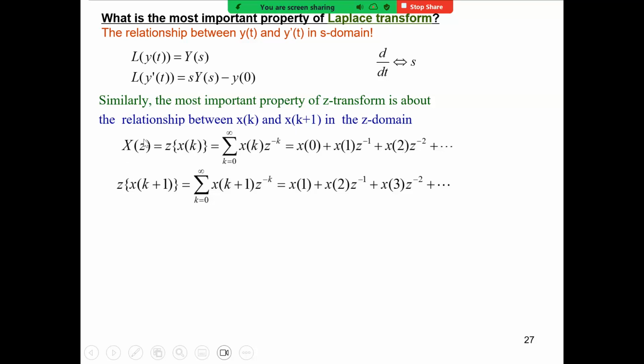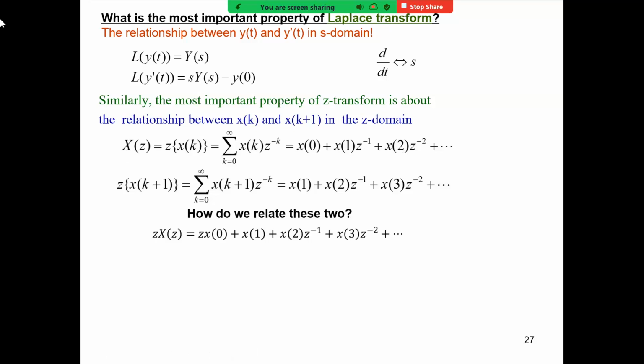You multiply by z, then you get that. You multiply X by z, so you get z times x0 plus x1 plus x2 z to the minus 1 plus x3 z to the minus 2, and then you know this corresponds to the Z transform of x(k+1). So immediately from this, z x0 plus the Z transform of this one.